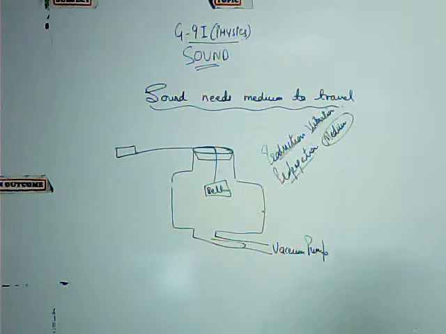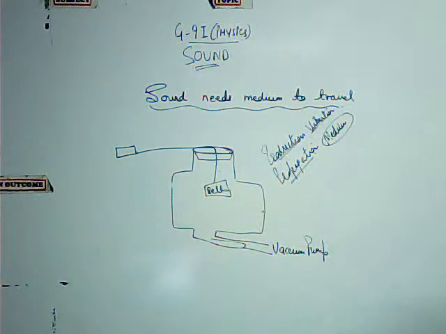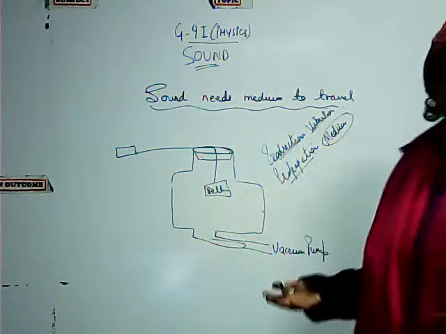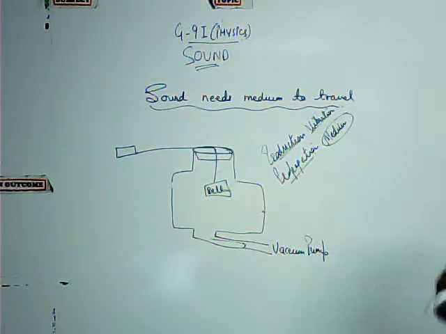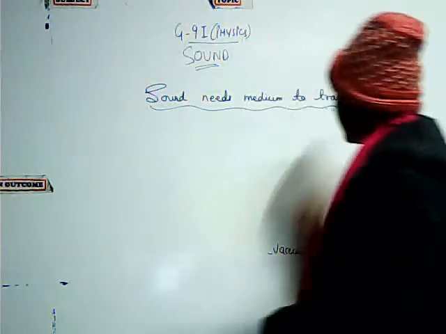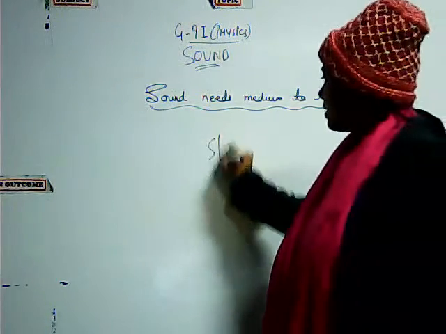What is x? X is the distance between the microphones. दोनों microphones में जितना distance होगा divide by how much time is taken. Fine. Speed का simple formula क्या है? We have the formula of speed, that is distance over time. Fine.